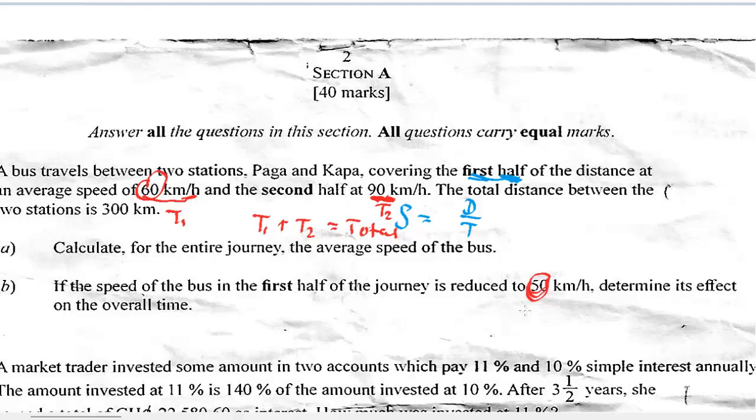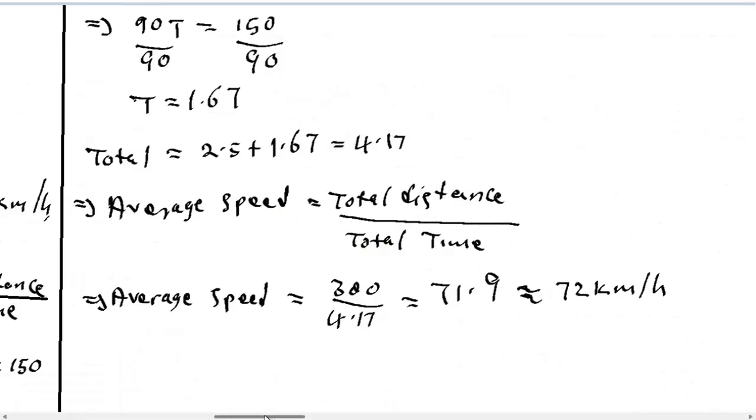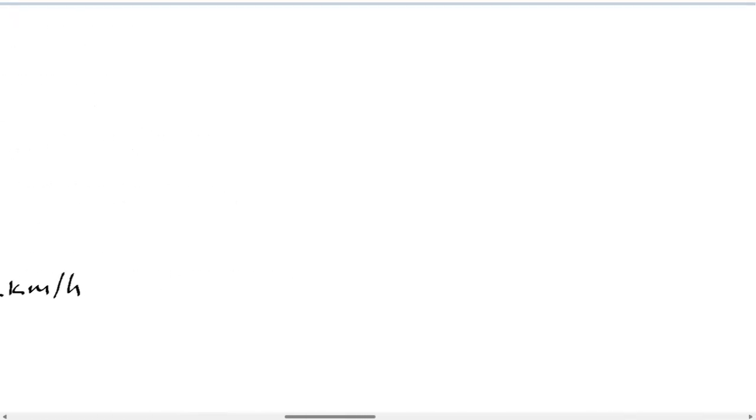And now that the speed has decreased to 50, it means that we are going to get a time which is more than 2.5 hours. So let's solve it. All that we need here is to calculate the time for the first half of the journey using 50 kilometers per hour. And if we do that, then we can get everything right.